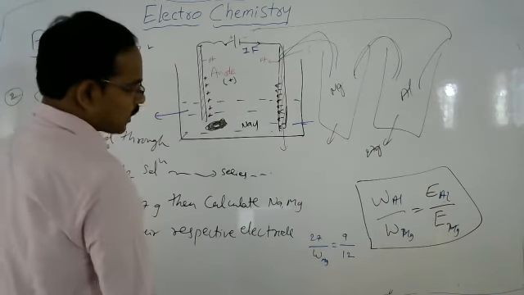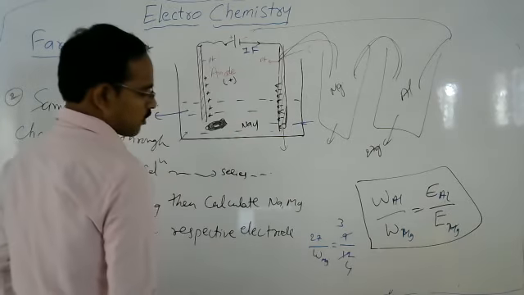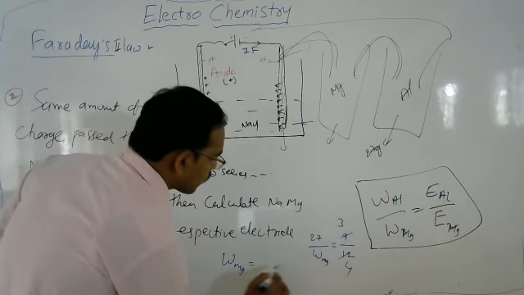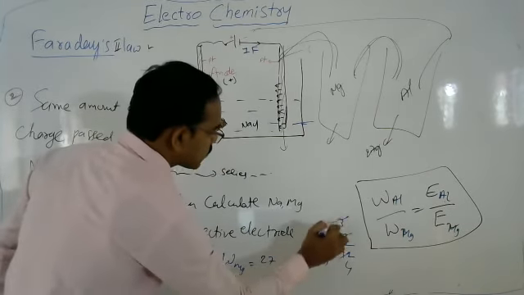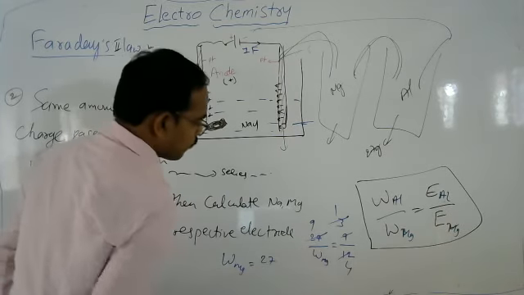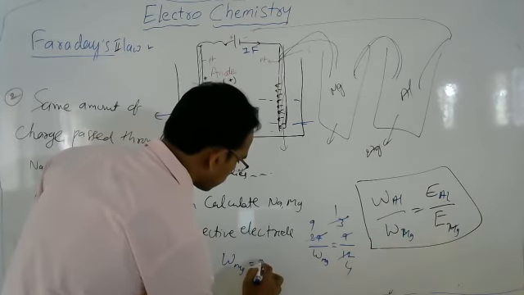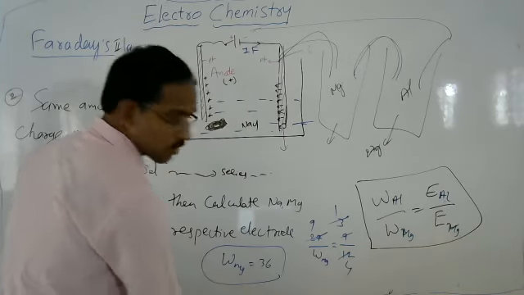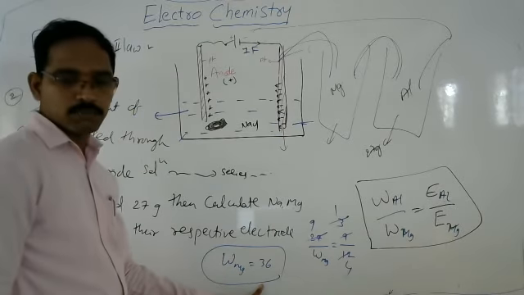Then do the calculation: 3, 3 is 9, 9 into 4 is 36. Magnesium is 36 grams.